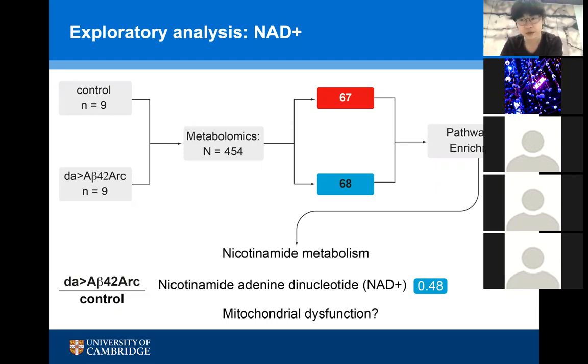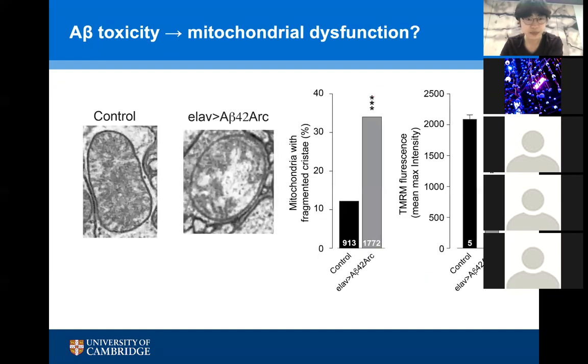So then I looked further into that and took images of mitochondria in flies overexpressing toxic amyloid beta. I saw using electron microscopy that these flies have altered mitochondrial structure, or ultrastructure.